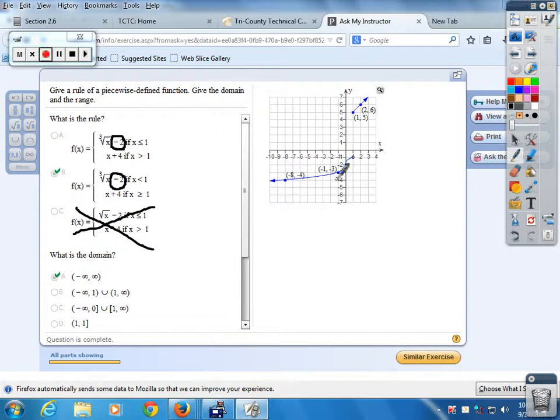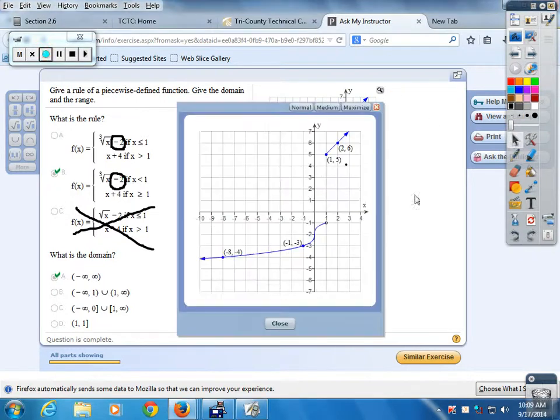Now, what numbers are being used for x in the cubic function? From negative infinity up to what? Up to 1. Are we using 1? Well, let's look at it. I can't see it because it's got a number there, so we'll blow it up. Okay, are we using 1? Not on the cubic function.